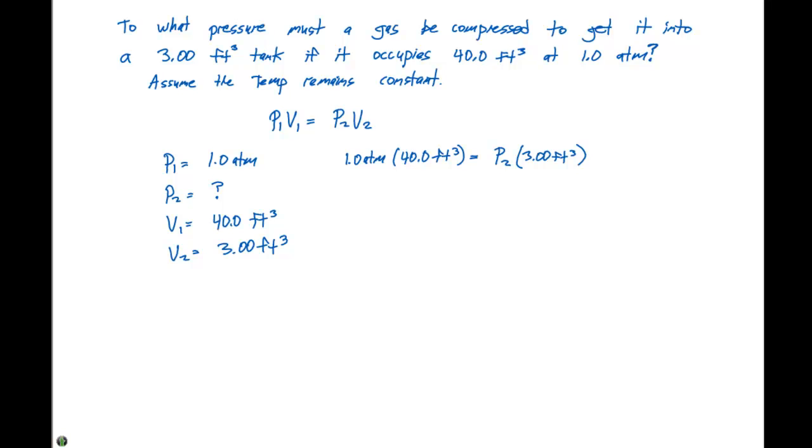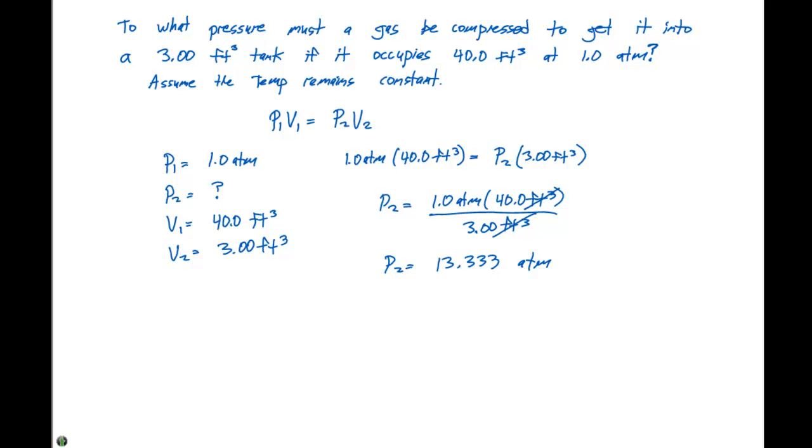All right, if we solve for P2, we can rearrange this expression to get 1.0 atmospheres times 40.0 feet cubed divided by 3.00 feet cubed. Our feet cubed units are going to cancel, and we're going to be left with atmospheres, and our final answer will be 13.333 atmospheres.